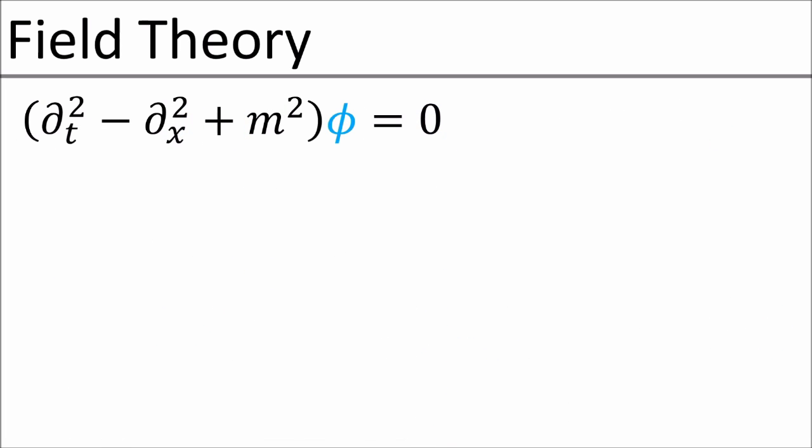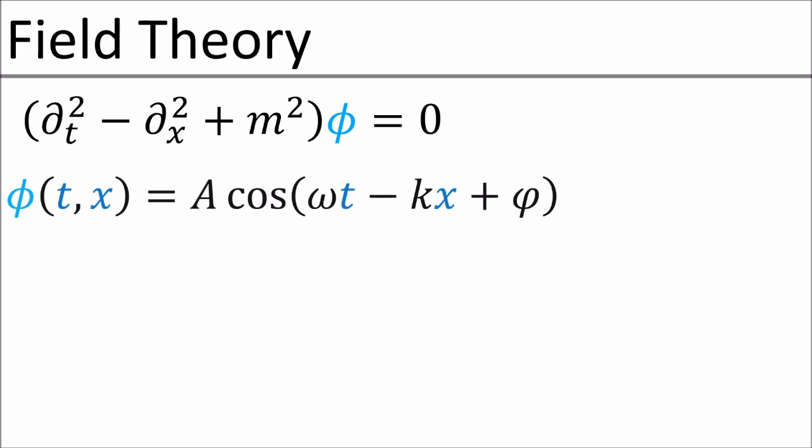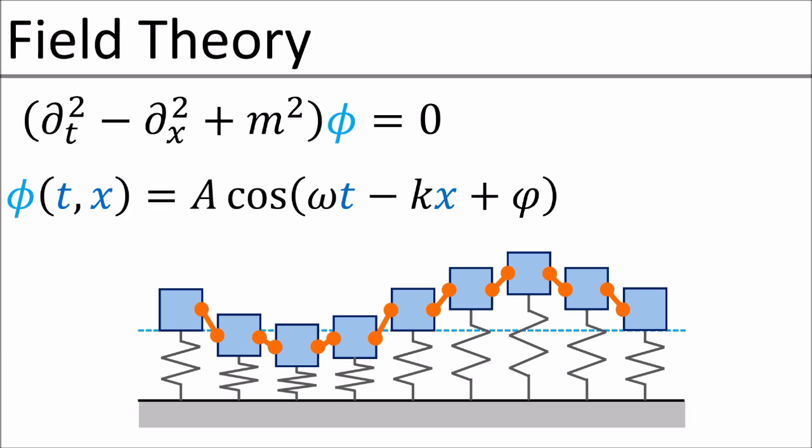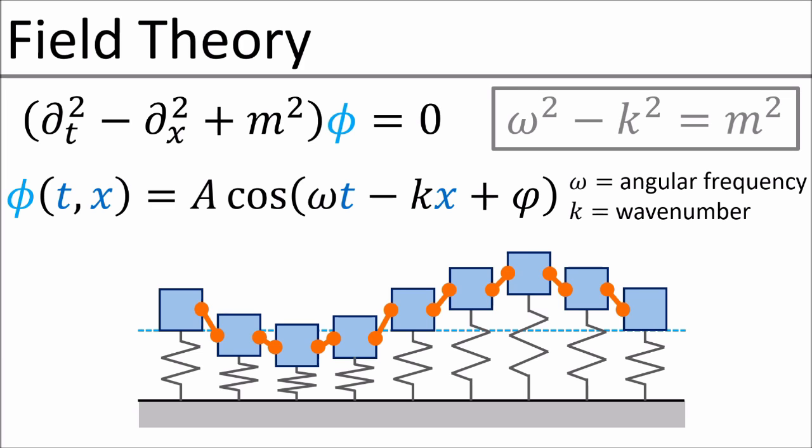Just like we saw with the system of coupled oscillators, for this field equation, there are multiple independent solutions of multiple different frequencies. The most basic solution modes are sinusoidal. Here, omega is the wave's angular frequency in time, and k is the wave's angular frequency in space, also called the wave number. k and omega must obey this mass relation here.